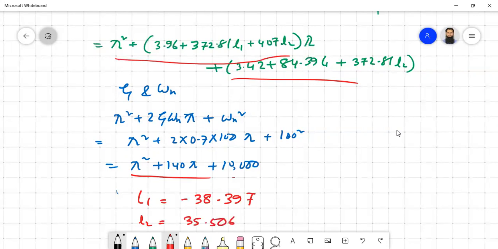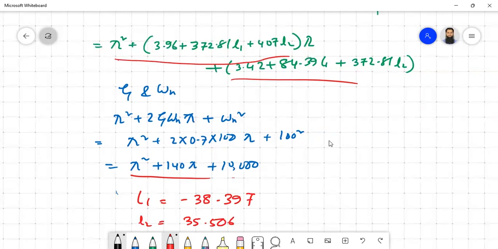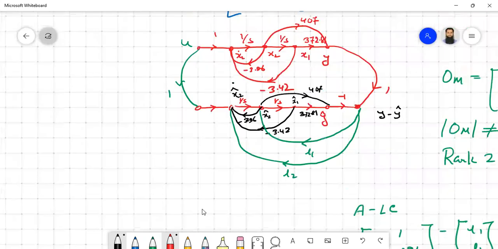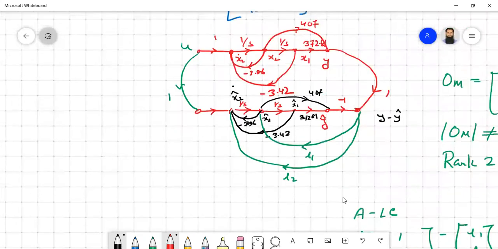So now these values you can just directly plug into the signal flow graph that we had previously. So basically just replace the values here, that is minus 38.397 and 35.506. So this is how you have to go about designing.